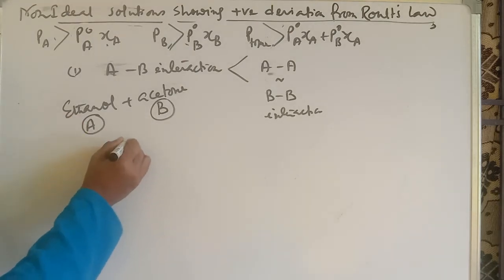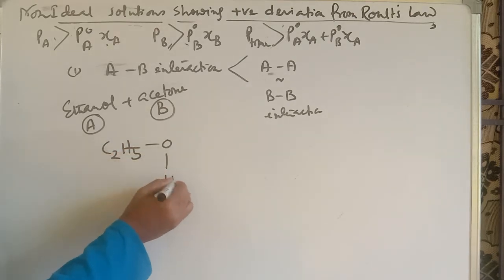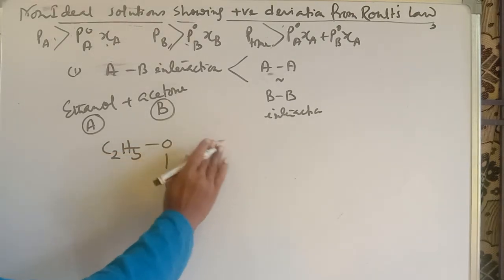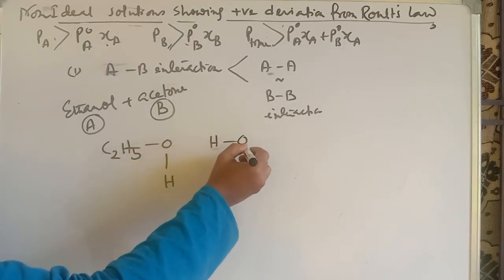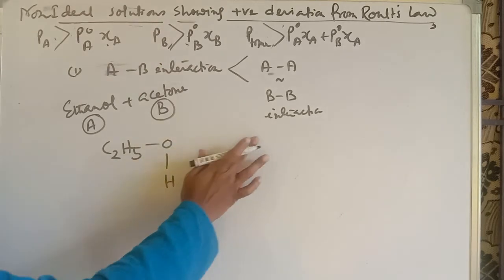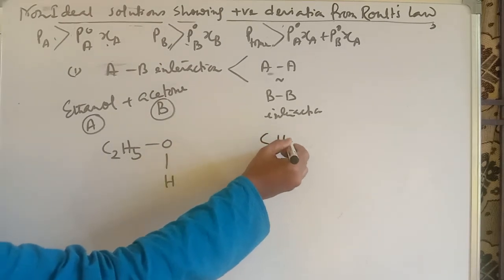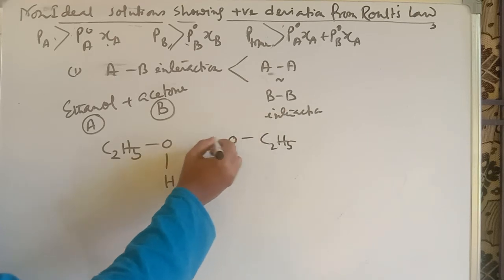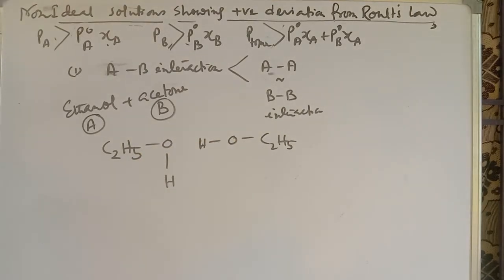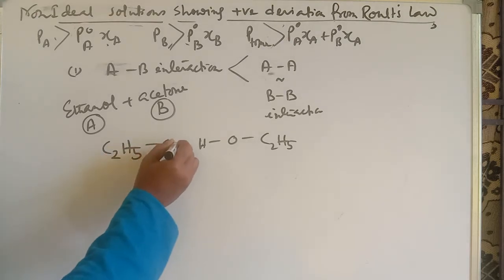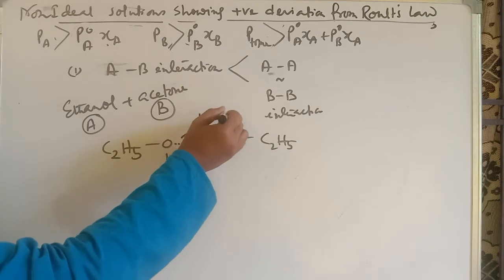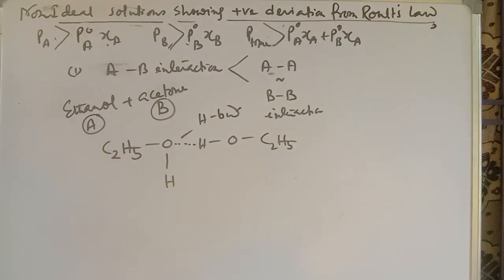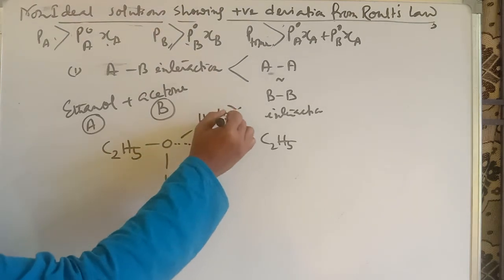Ethanol is C2H5OH, and here is one more ethanol, C2H5OH. These ethanol molecules form hydrogen bonds. There are hydrogen bonds in between ethanol molecules. This is a hydrogen bond.